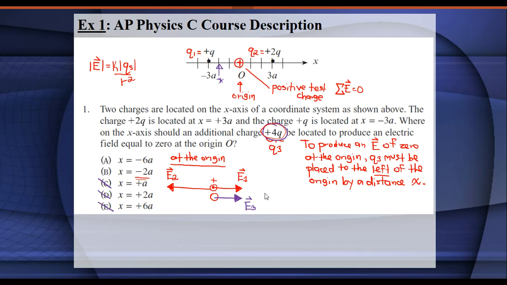So what we really need to do, and I'll justify this in words here, is this: if I was doing the AP exam, this is the logic that would go in my head to figure this out.